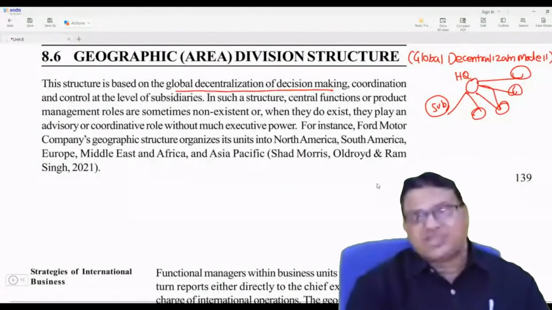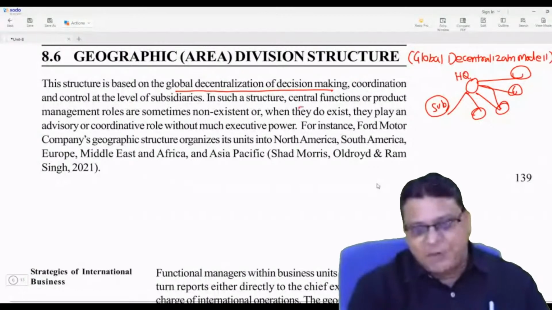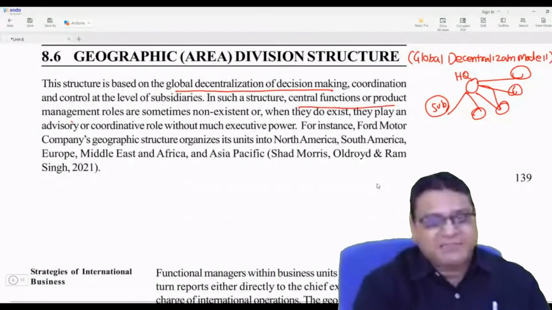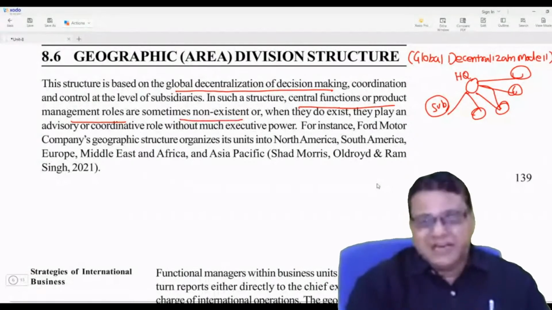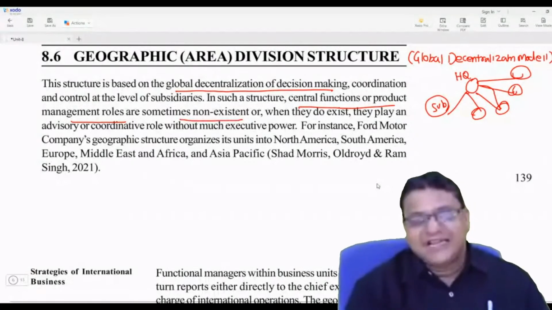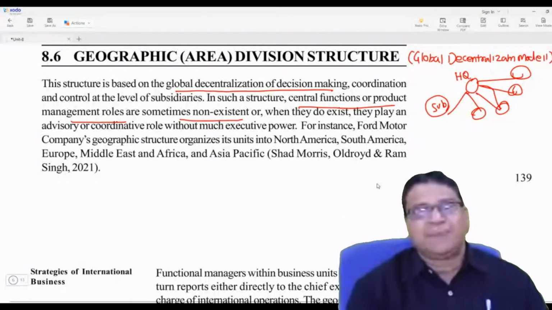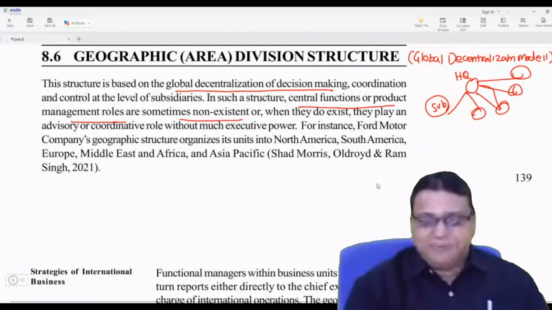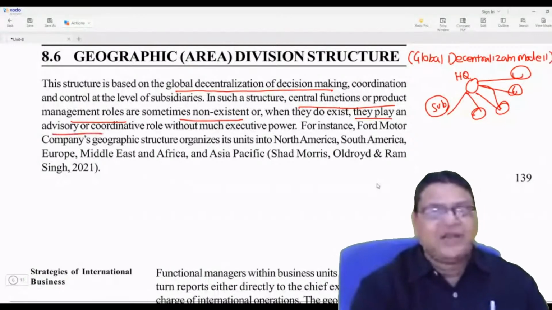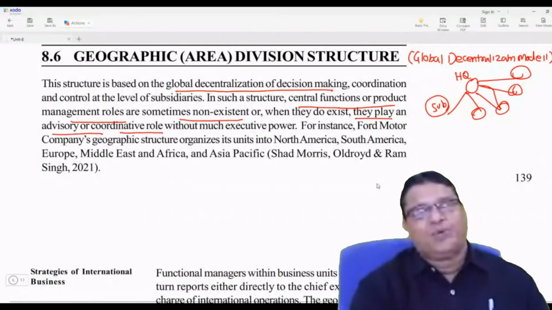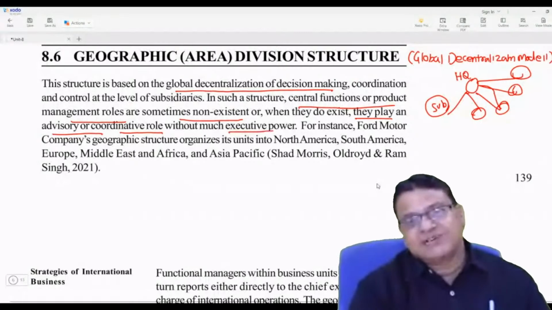In such a structure, the central function or product management roles are not existent. Headquarters does not dictate anything to the subsidiary company. If headquarters exists, they play an advisory or coordinative role without much executive power.